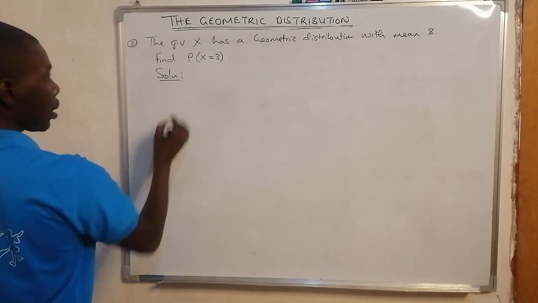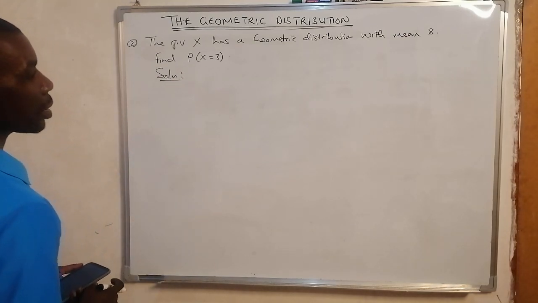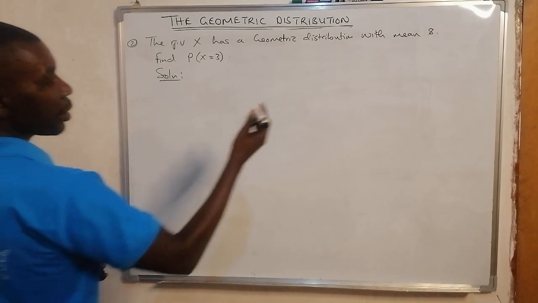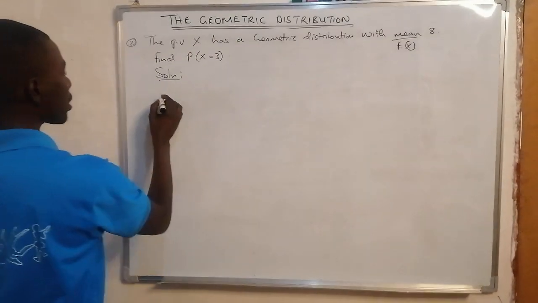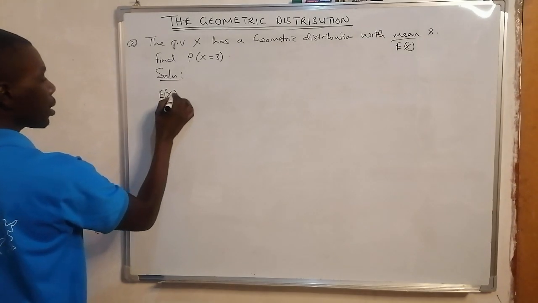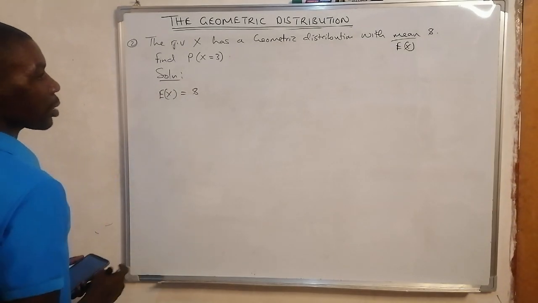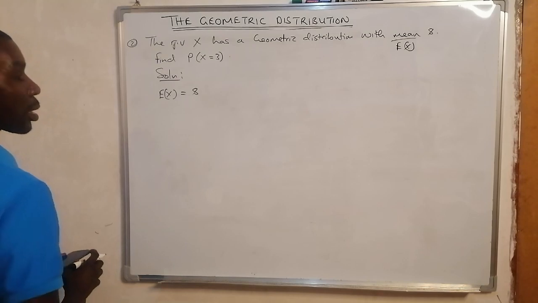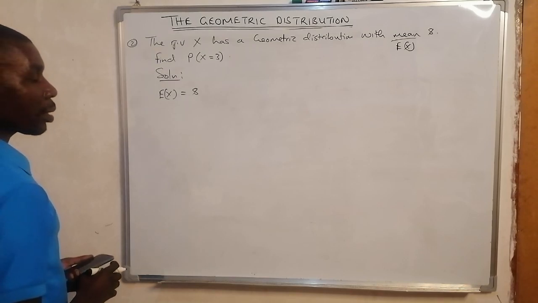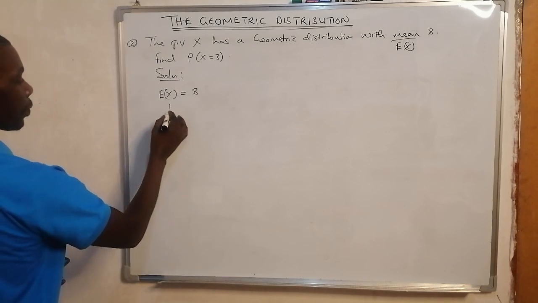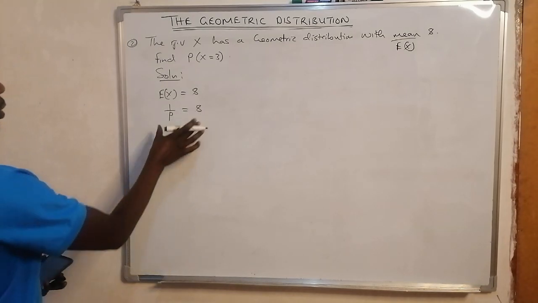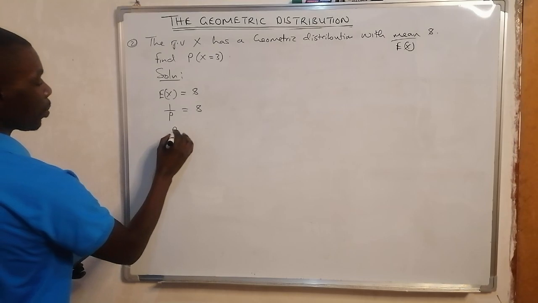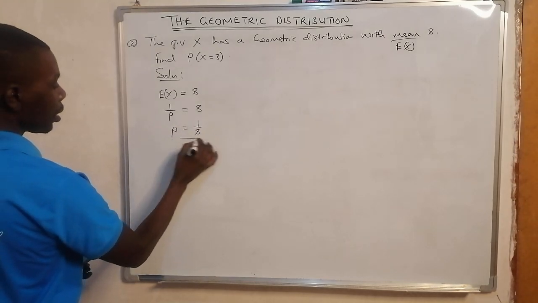Solution. Remember, we said mean is the same as expectation. So in this case, we have E of x equals 8. But E of x under geometric distribution is given as 1 over p, that's equal to 8. So if we solve this, we get p equals 1 over 8.